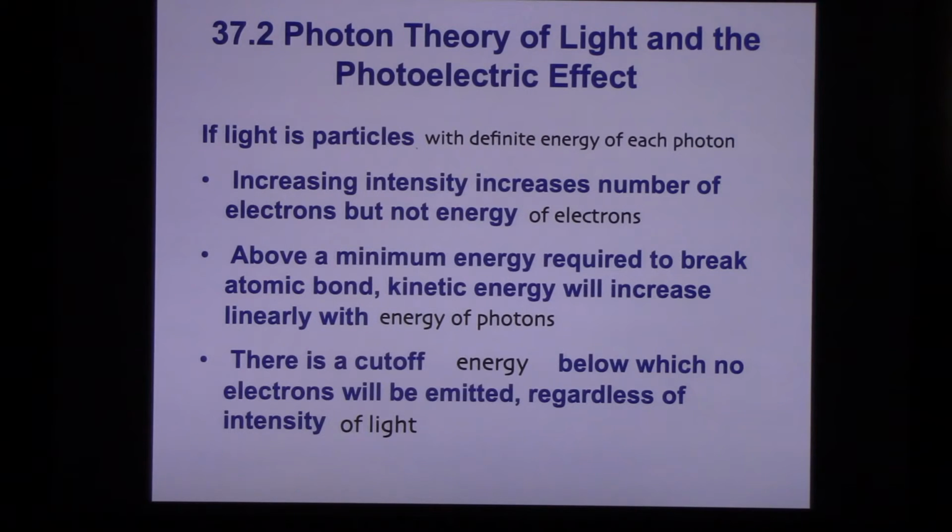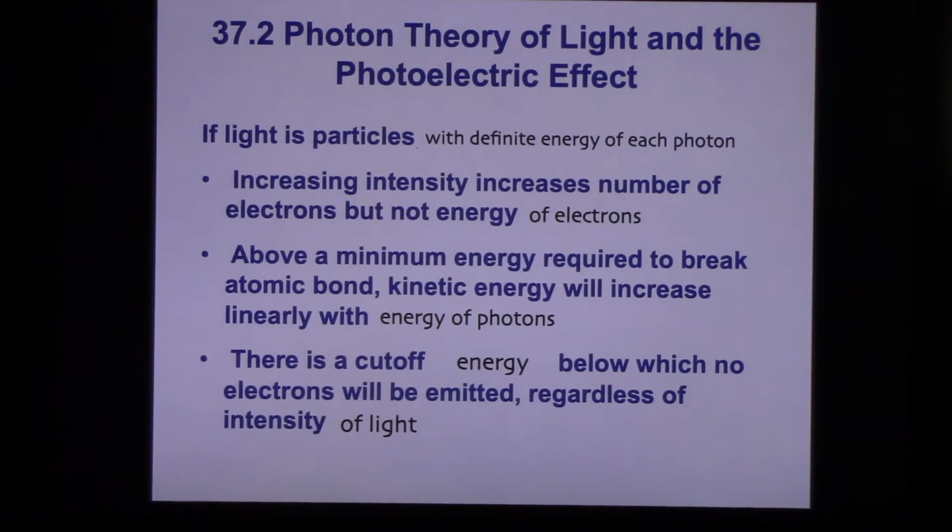All right, the idea works something like this. The photoelectric effect was something that researchers were observing back in the 1890s or so. It had been experimentally observed, and researchers were trying to figure out why this was happening.